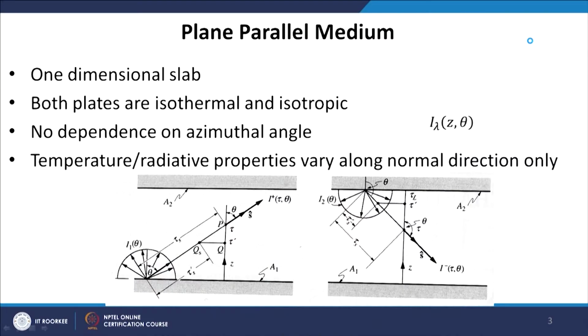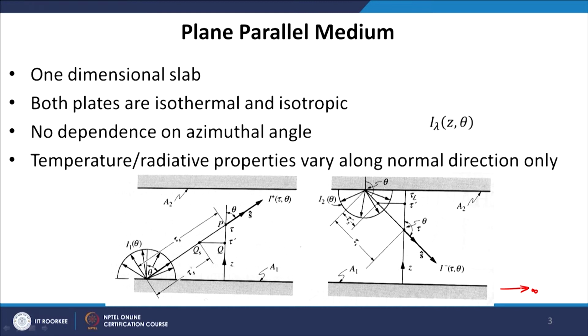The problem that we are going to discuss is a plane parallel medium. So, plane parallel medium, as I explained, has infinite depth into the plane of the board, and the width of the plates is also infinite. So, this is called a one dimensional slab.